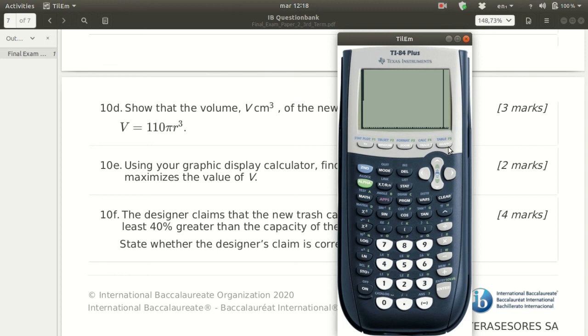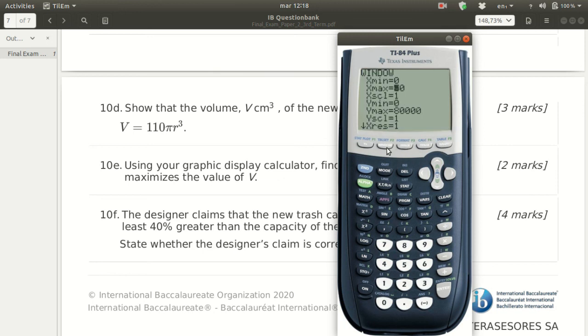I think the volume before was like 70,000, something like that. Let's try 80,000. Whoa, it's still not big enough.